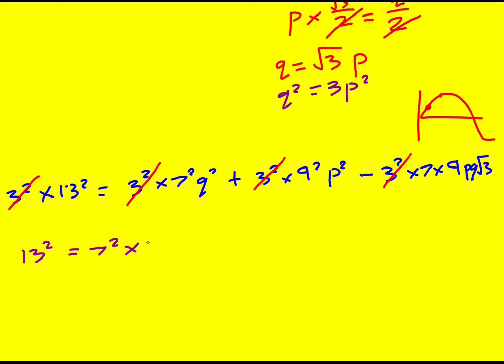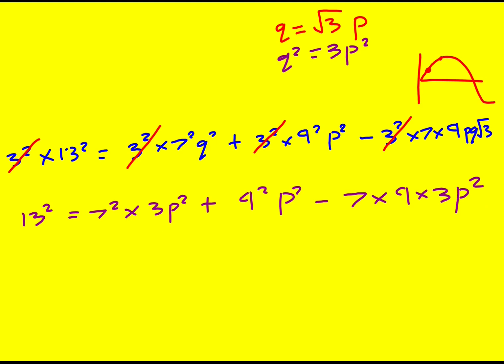So 7 squared times 3P squared plus 9 squared times P squared minus 7 times 9 times, and I want to replace q by root 3p, apologies, so that should be 3p squared.